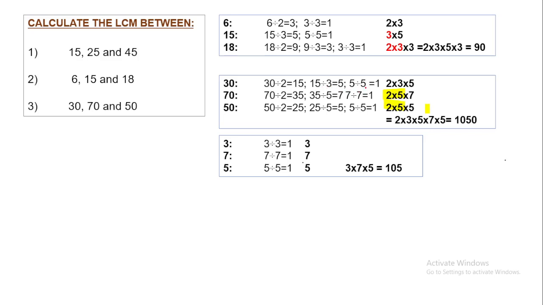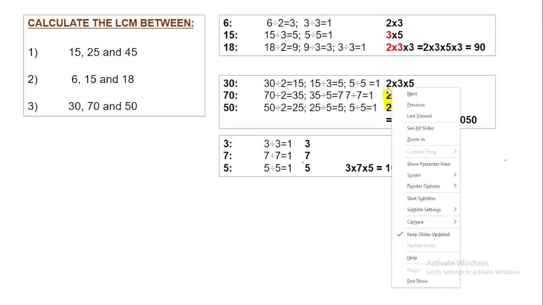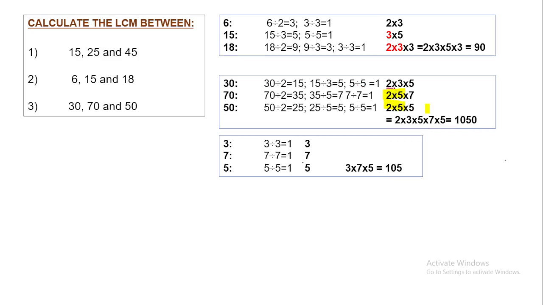So therefore, we're going to have the factors being 2, 3, and 5 for 30. And then for 70, we're going to still have 2, and then 5 for 35 divided by 5, giving us 7. 2, 3, 5 cannot go, therefore 7 can go.